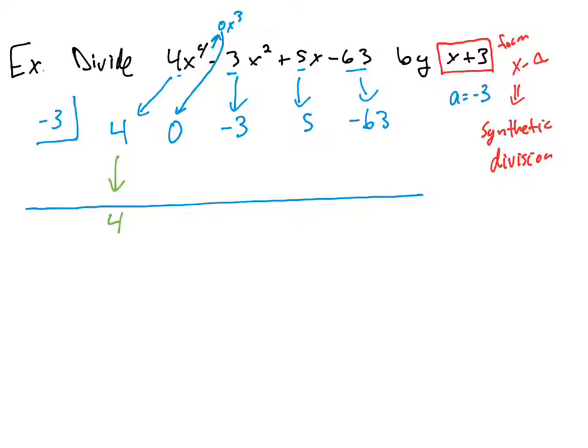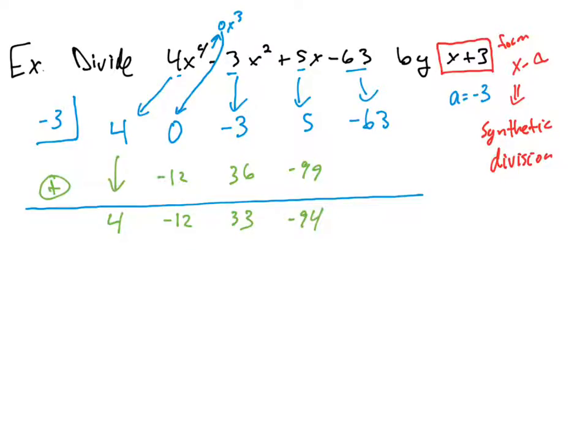And then we take the 4, multiply by negative 3, which is negative 12, and then we're adding these two rows together. So 0 plus negative 12 is negative 12. Negative 12 times negative 3 is 36. Negative 3 plus 36 is 33. 33 times negative 3 is negative 99. 5 plus negative 99 is negative 94.